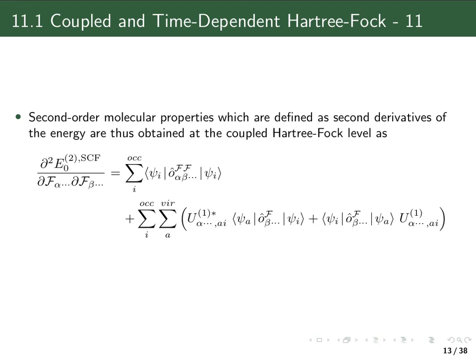In order to evaluate this, one needs property integrals here over the occupied orbitals and here occupied and virtual orbitals, and one has to solve this first order coupled Hartree-Fock equation in order to get this first order correction to the unitary expansion matrix.